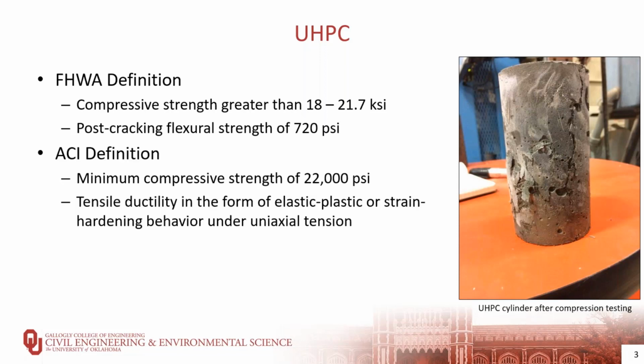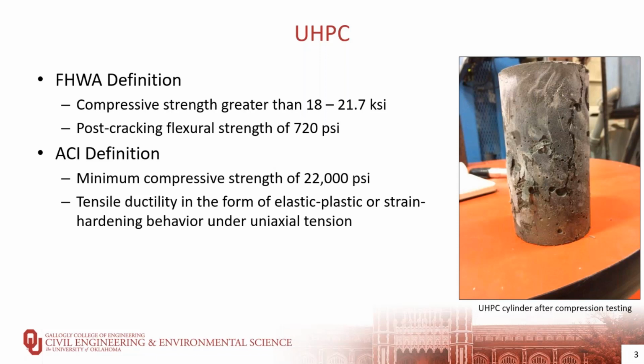The American Concrete Institute defines UHPC as having a minimum compressive strength of 22,000 PSI, a tensile ductility in the form of elastic, plastic, or strain hardening behavior under uniaxial tension. And there are many other definitions for UHPC that are out there.